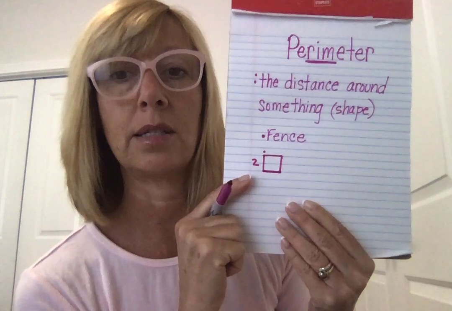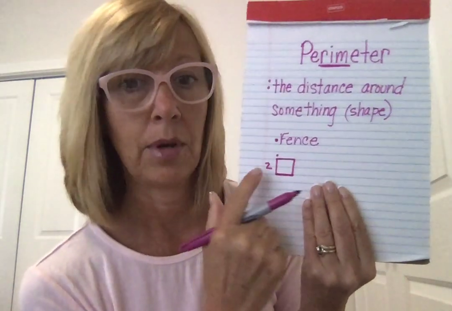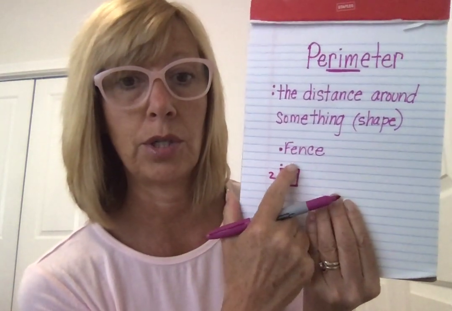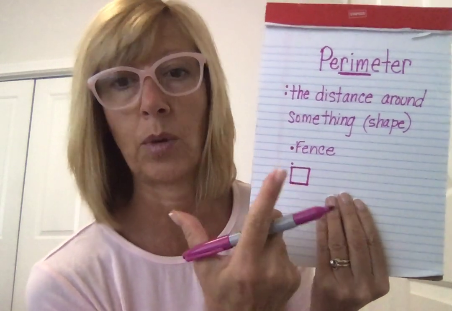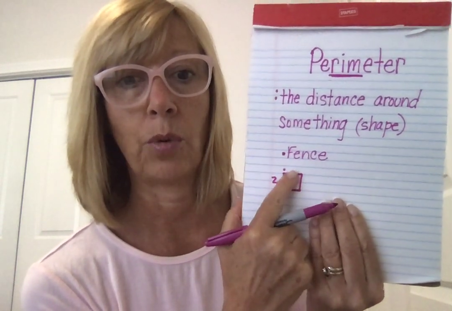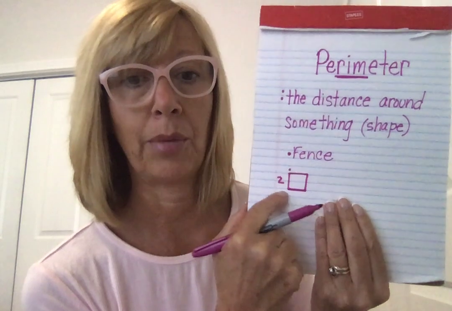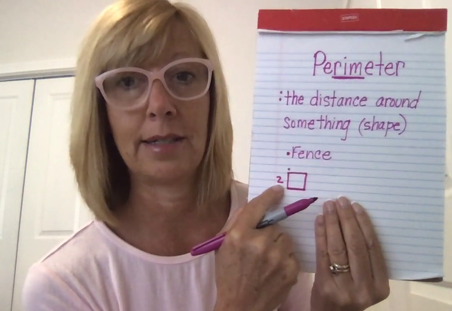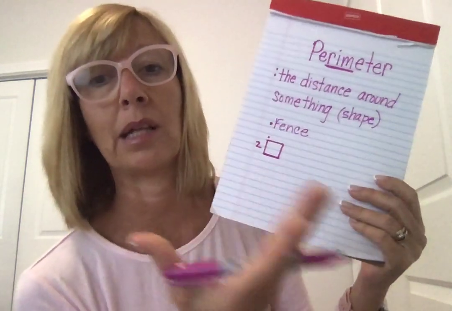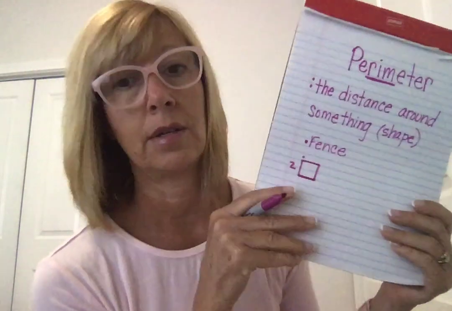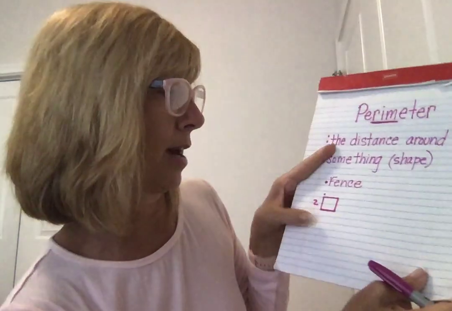So it'd be pretty easy to figure out the perimeter of this shape because we know it's going to be 2 plus 2 plus 2 plus 2. And we can skip count. 2, 4, 6, 8. The perimeter around this square is 8. And most of the times it'll be labeled with inches, centimeters, meters, feet, okay?